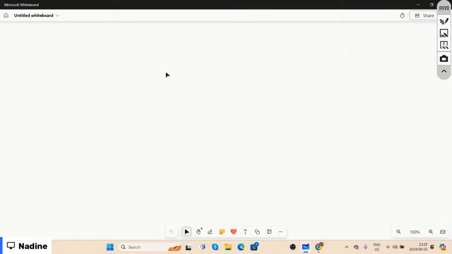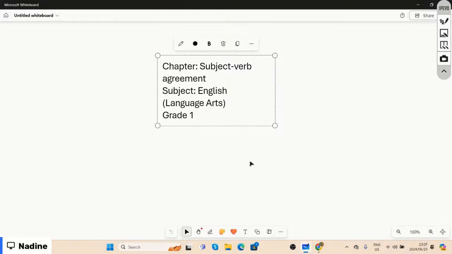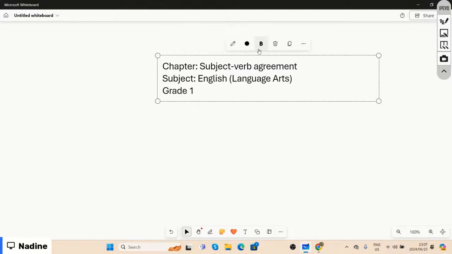All right. So the chapter is subject verb agreement. We said our subject is English, which is language arts, grade 1. And we will be focusing on only two lessons for today, right?